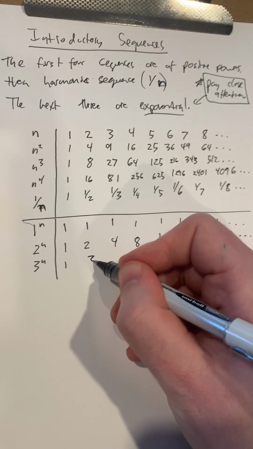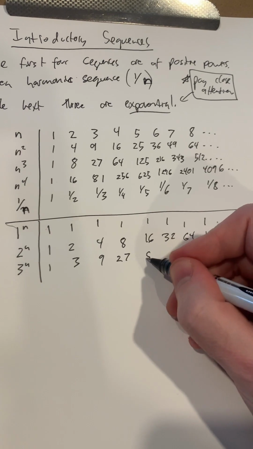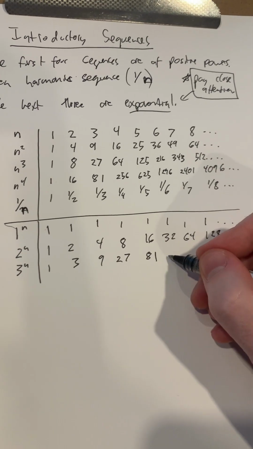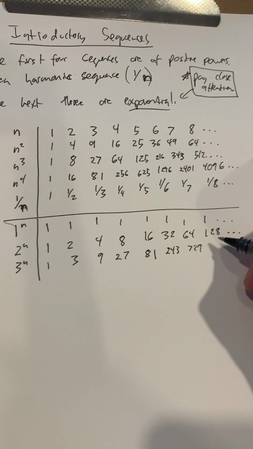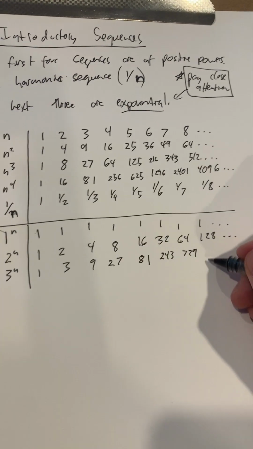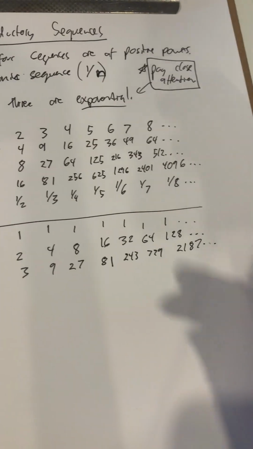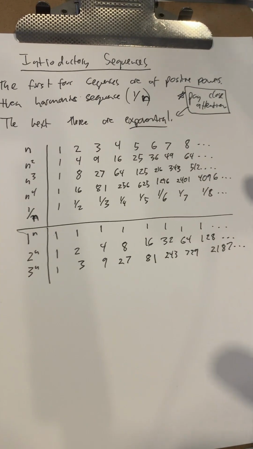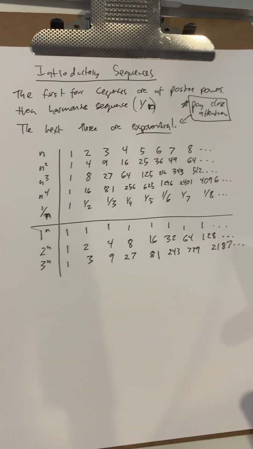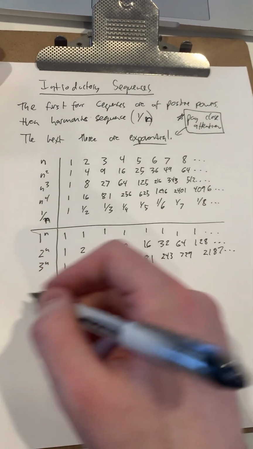1, 3, 9, 27, 81, 243, 729, 2187. So here are some nice, interesting sequences. Now you might think it would be quite hard to write code to generate all these, but it's actually quite easy.